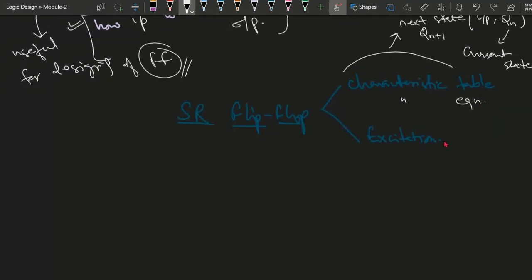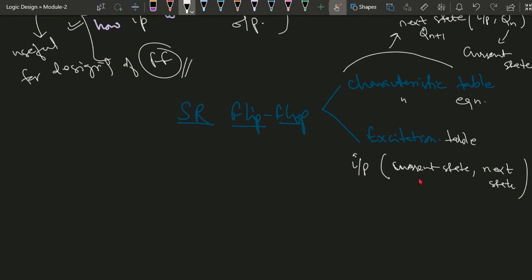Next is the excitation table. In the excitation table, basically it provides the relation of different inputs, like how the inputs are a function of the current state and the next state.